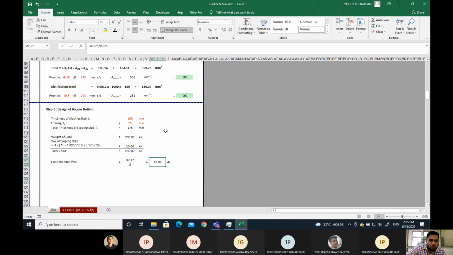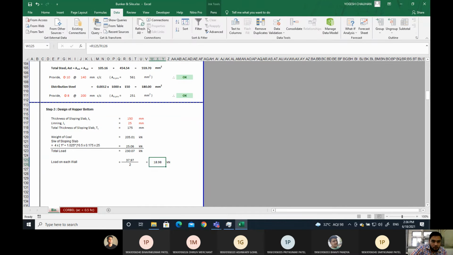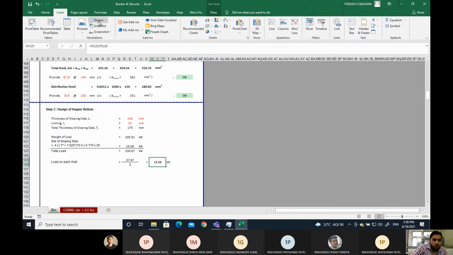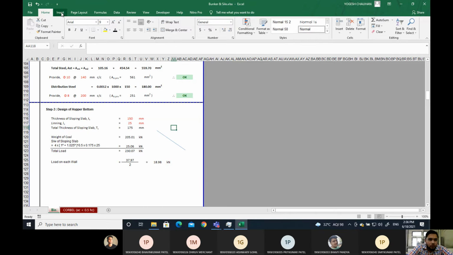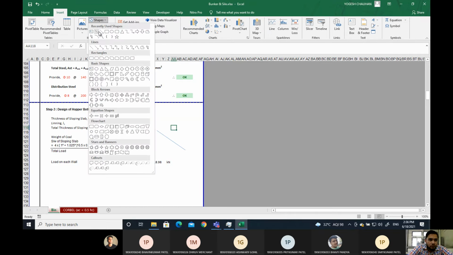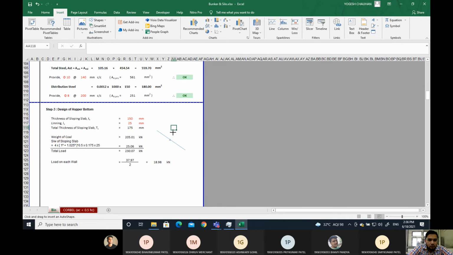Now this is actually the wall, and the load acting on this is like this.